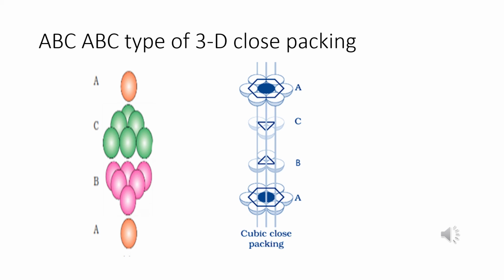Metals such as copper and silver crystallize in this structure. Both these types of close packing are highly efficient and 74% of the space in the crystal is occupied. In either of them, each sphere is in contact with 12 spheres. Thus, the coordination number is 12.